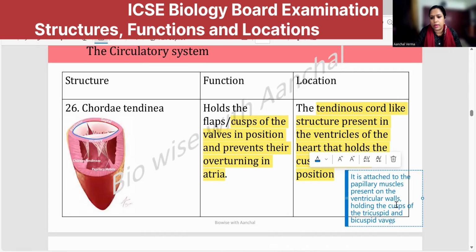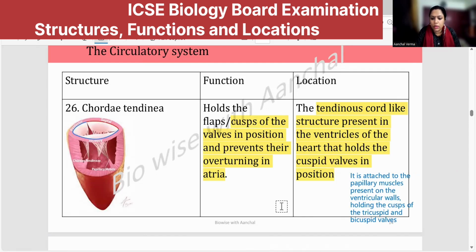This also you can write. Of the valves. Okay, this you can also write. Clear? Next one.